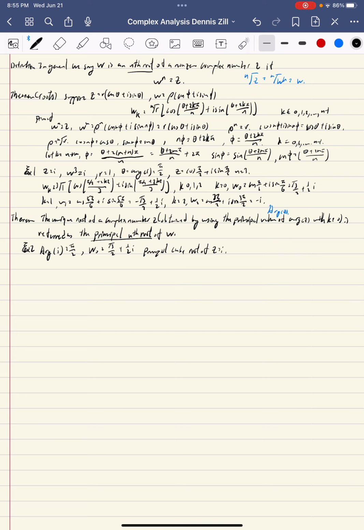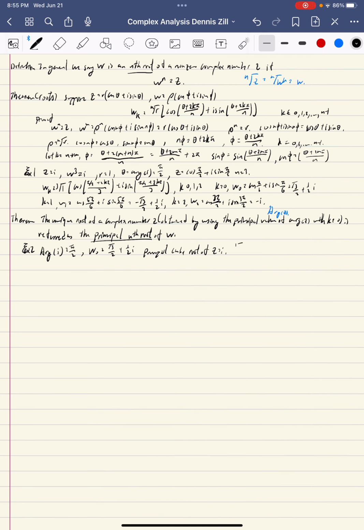The choice of the principal value of the argument of z, and k equal to 0, guarantees that when z is a positive real number r, the principal nth root is really just the nth root.